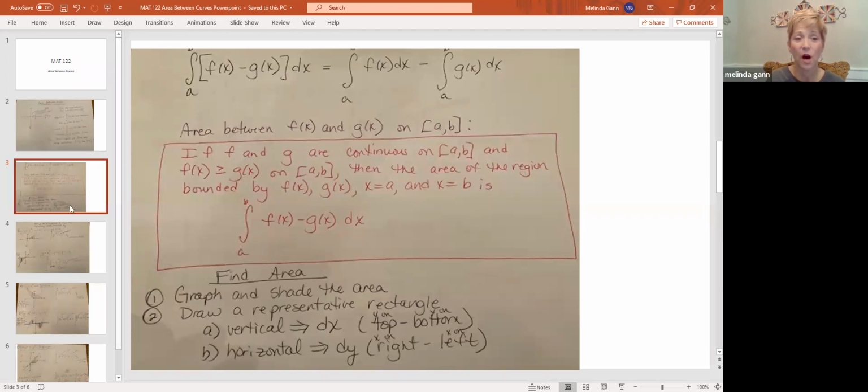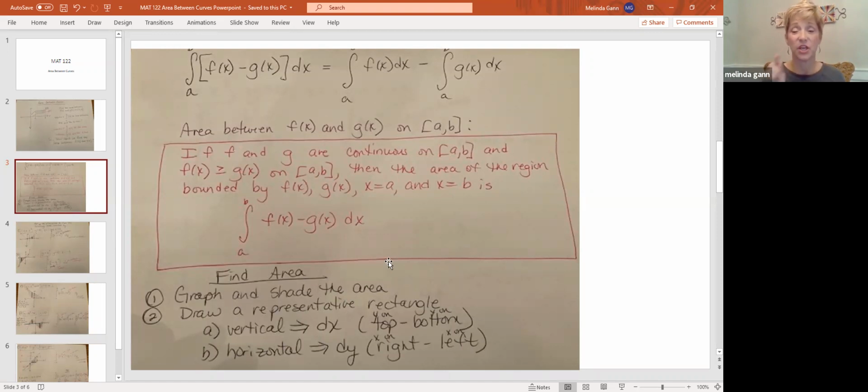Now we're going to work a whole bunch of these and kind of set them up. You can finish them on your own because a lot of them end up being pretty simple power rules. But this is the part I need you to really write in your notes, because if you don't learn to do this now, when we get to volume next, I'm really going to lose you. So the first thing you're going to do when you're trying to find areas is graph all the curves.